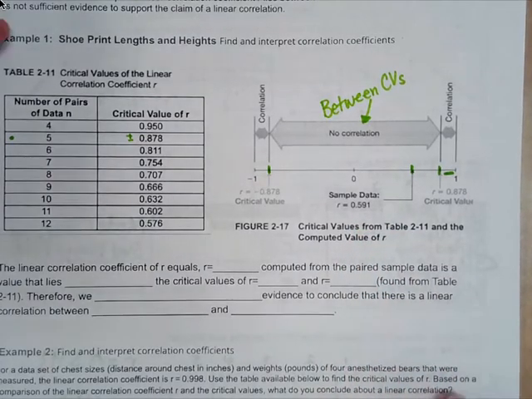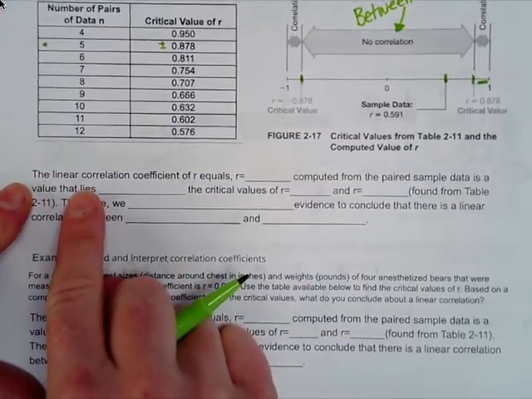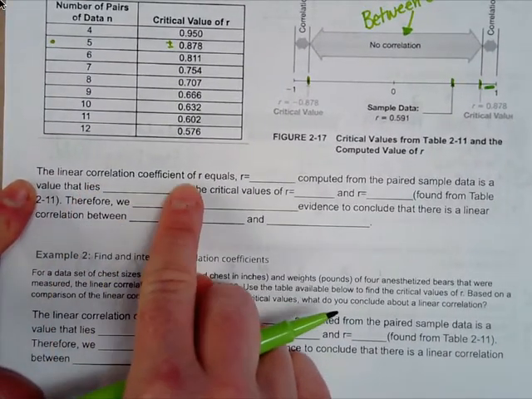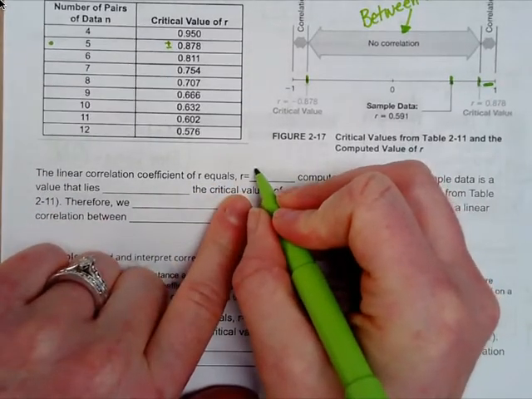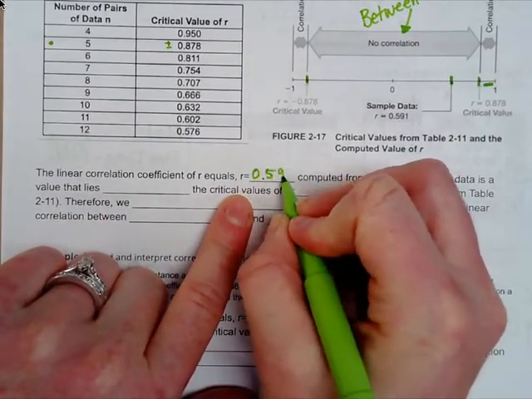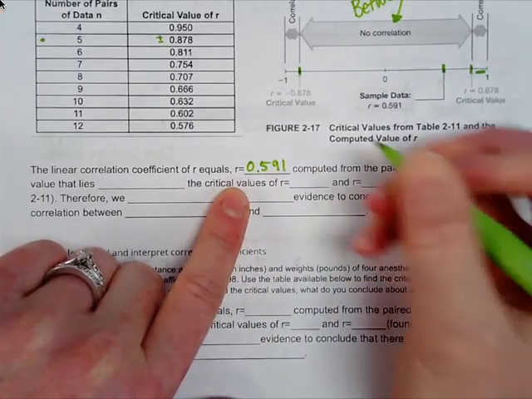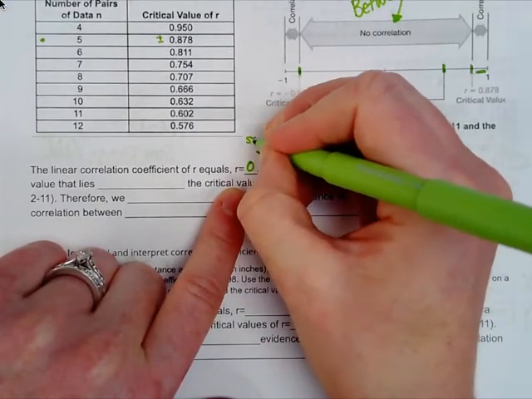So let's fill in the blanks here. The linear correlation coefficient R equals R. This was our sample data.